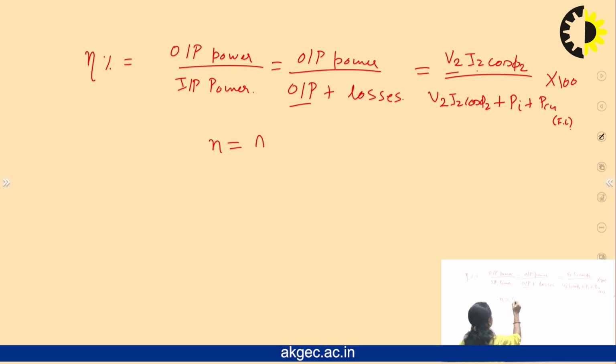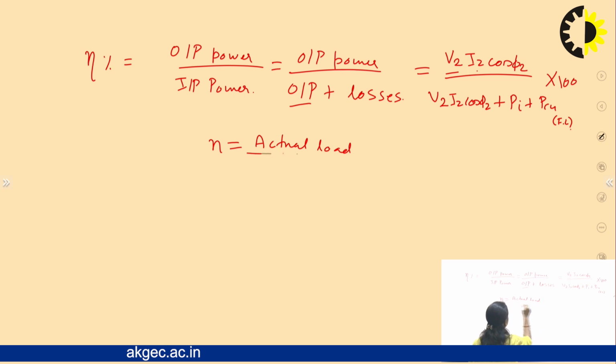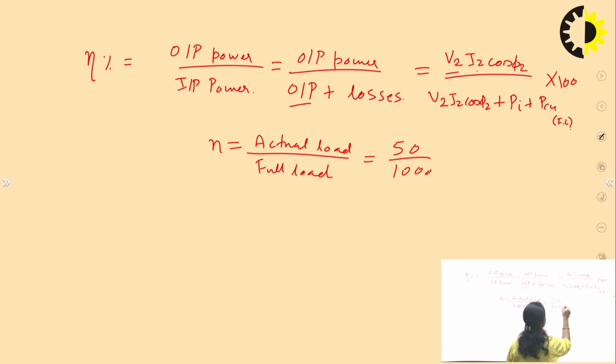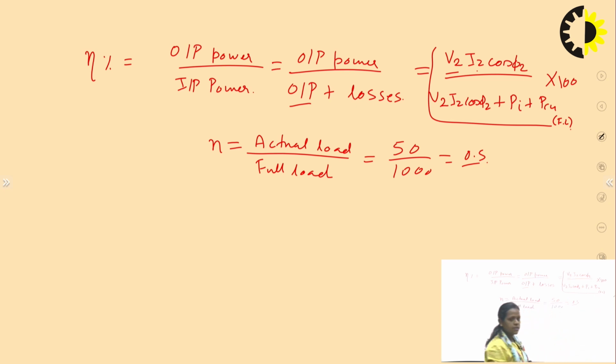So n is equal to actual load by full load. If actual load is half load, it means 50%, and full load is 100%, so this will be equal to 1/2 or 0.5. So n value will be 0.5, right?